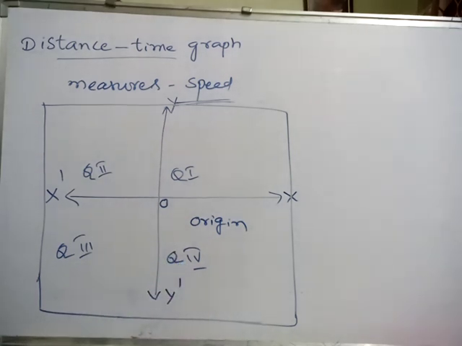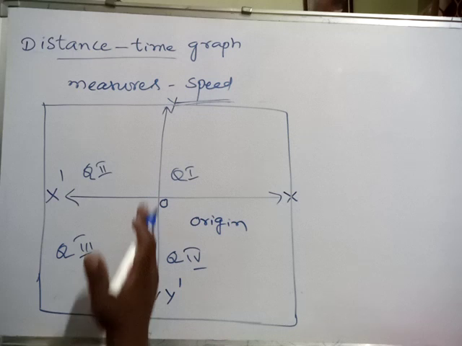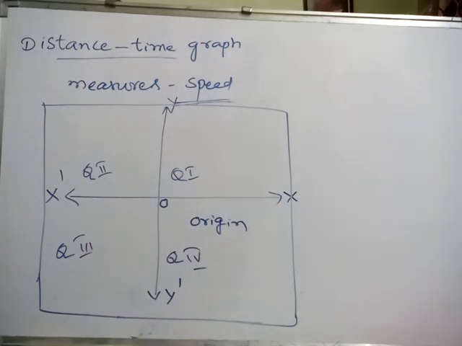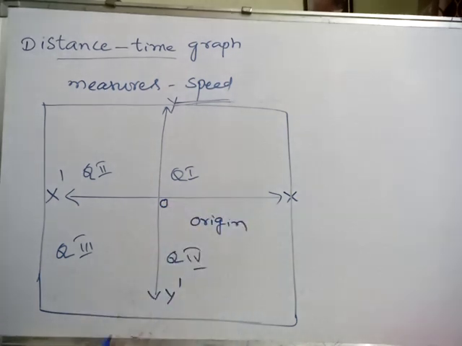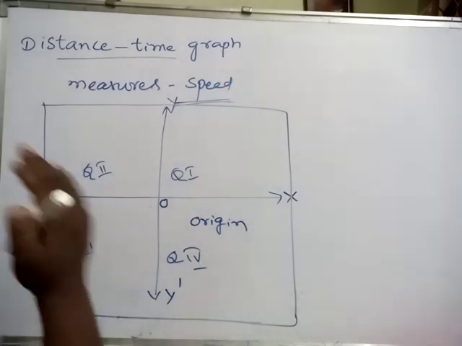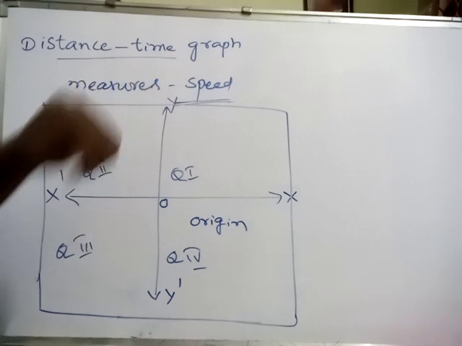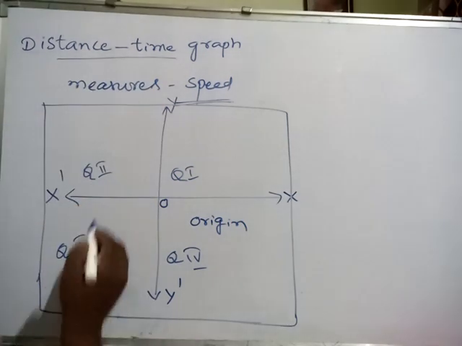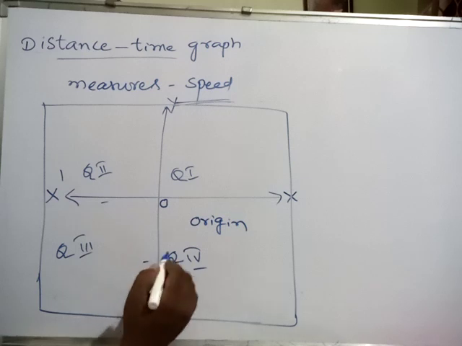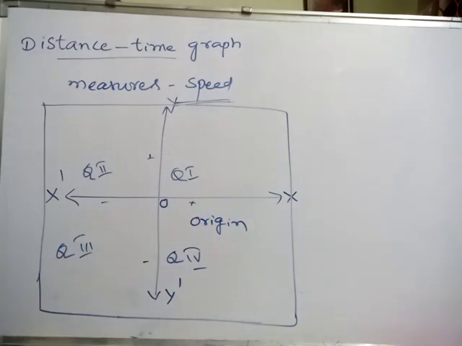This is the origin. Values to the right side of the origin are all positive, left of the origin negative values. Above the origin positive values and below the origin negative values. Negative, here also negative, positive and positive.